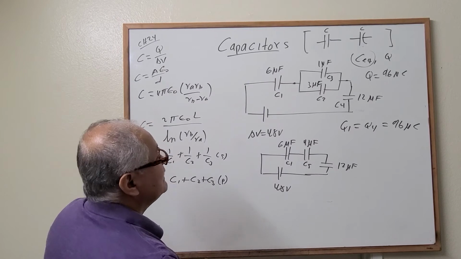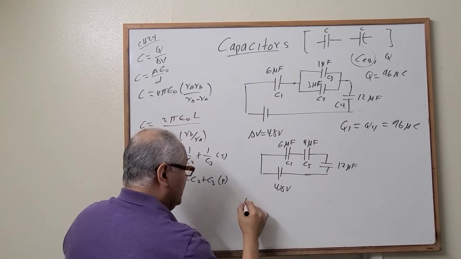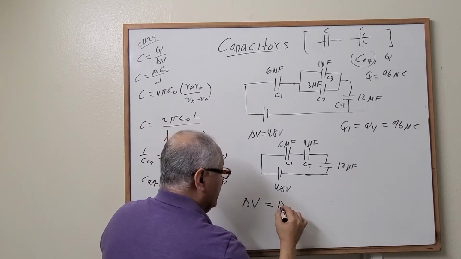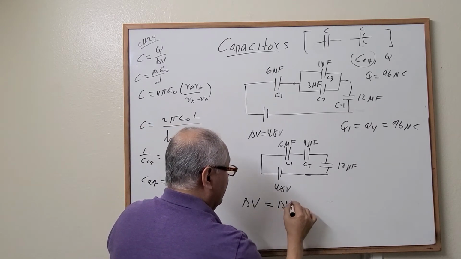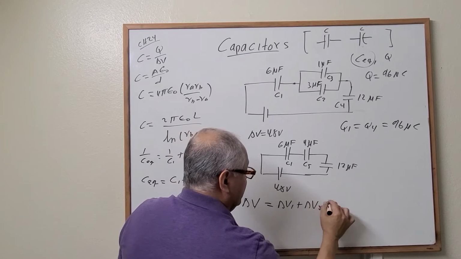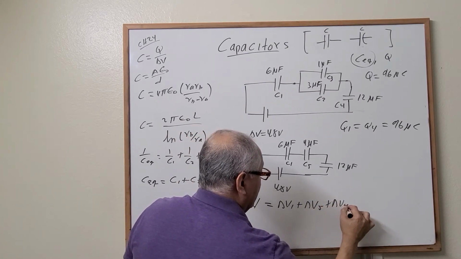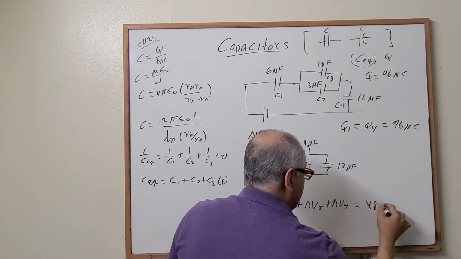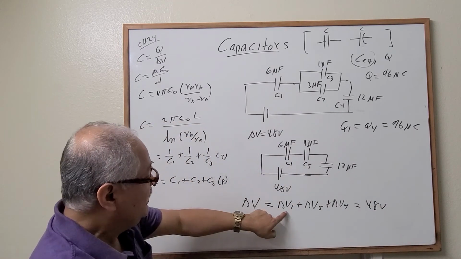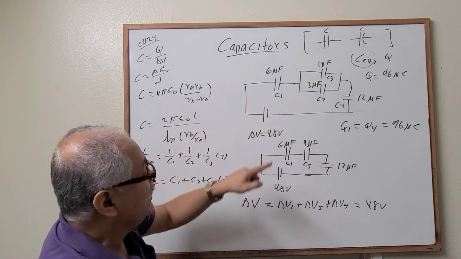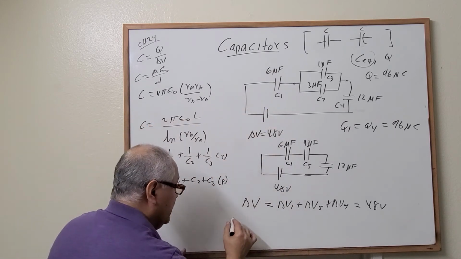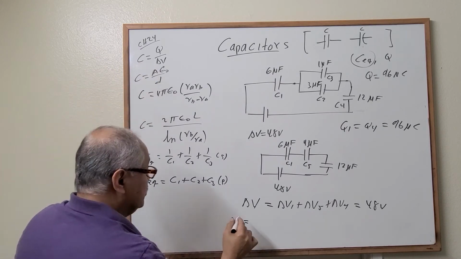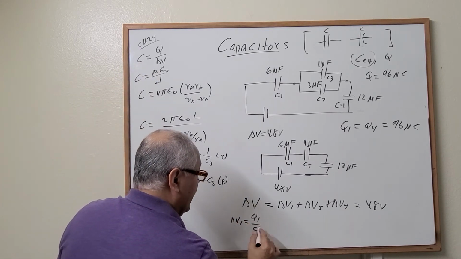So we know that in series, the voltage is the sum of all the voltages. We have voltage 1 plus voltage 5 plus voltage 4. It must be equal to 48 volts. What should be the voltage through capacitor 1? Well, we can find it. Voltage through capacitor 1 is equal to, according to this equation, charge 1 divided by C1.